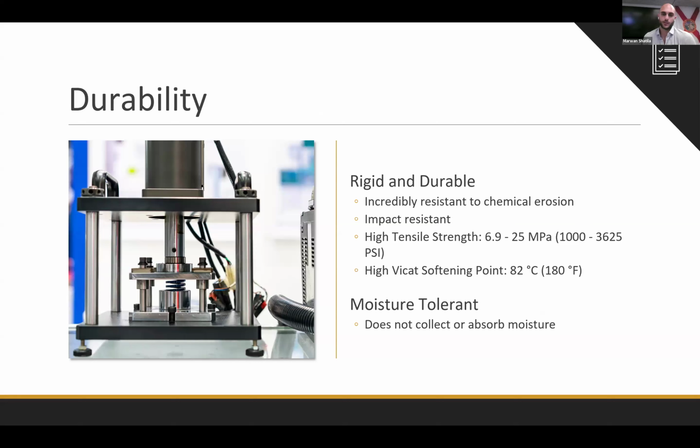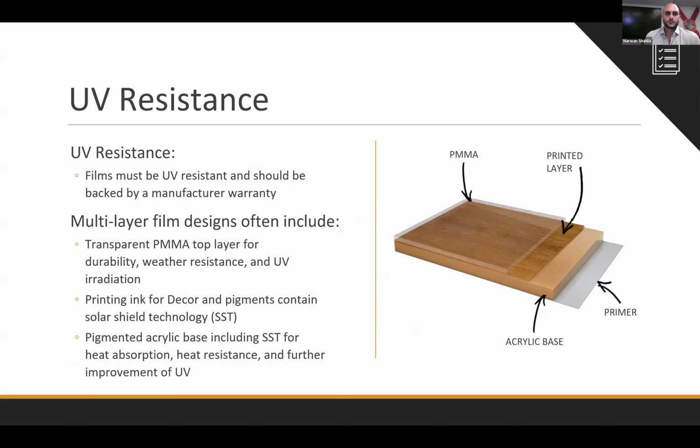As we discussed performance, a lot of which we already talked on, so I'll kind of skim through some of these. Again, very rigid, very durable, impact resistant, moisture tolerant, things of that nature. We discussed UV resistance.